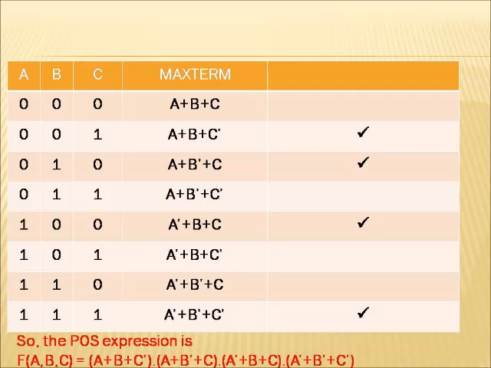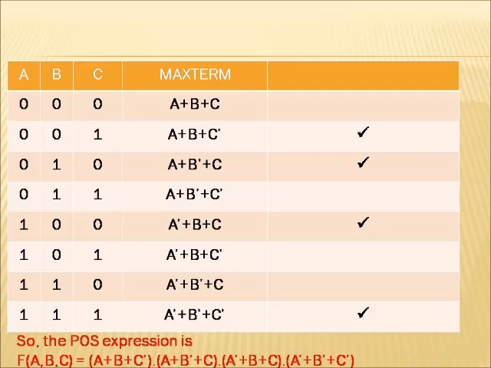I have put a tick mark for a is equal to 1, b is equal to 0 and c is equal to 0, right? And similarly, I have put a tick mark for a is equal to 0 and b is equal to 1 and c is equal to 0, right? And I have also put a tick mark for a is equal to 0, b is equal to 0 and c is equal to 1. Then I have also put the tick mark for a is equal to 1, b is equal to 1 and c is equal to 1.